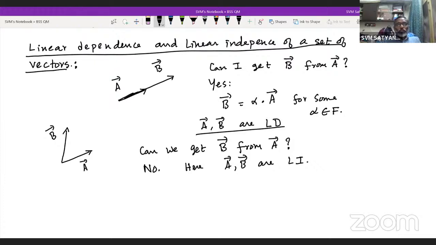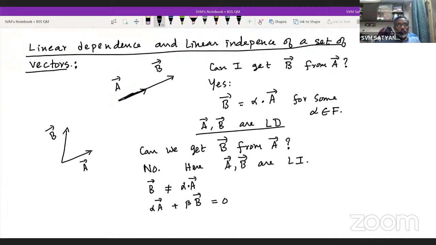Now this notion, we can use this. That means B cannot be obtained from alpha times A. Now formally we can say, suppose I have some alpha times A plus some beta times B is equal to 0.